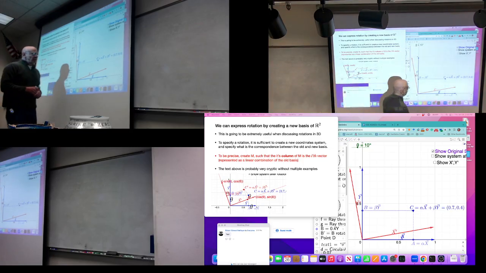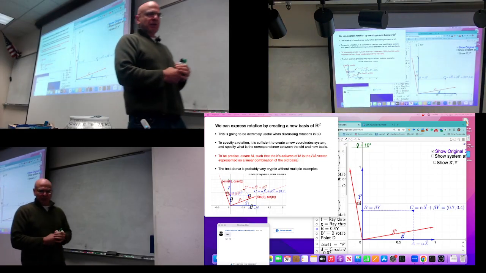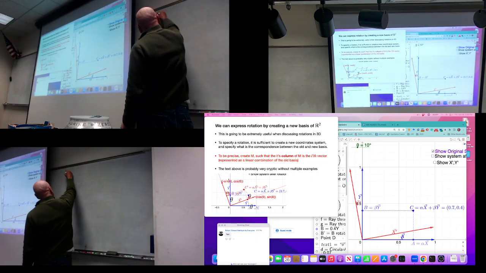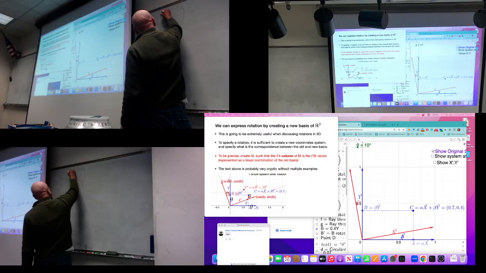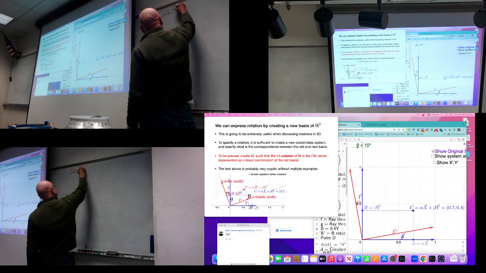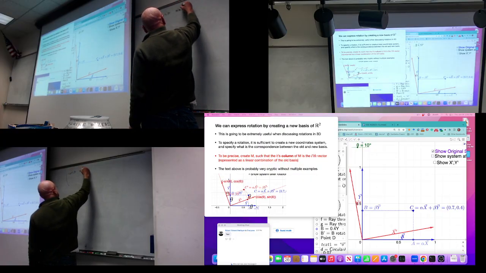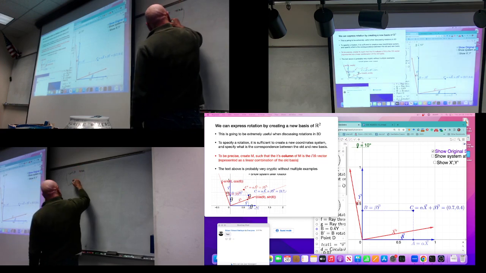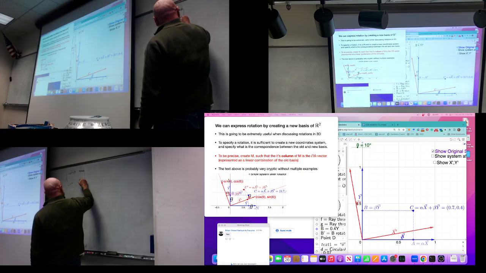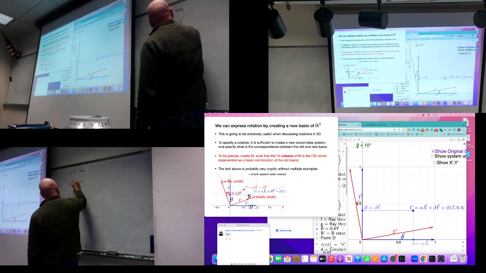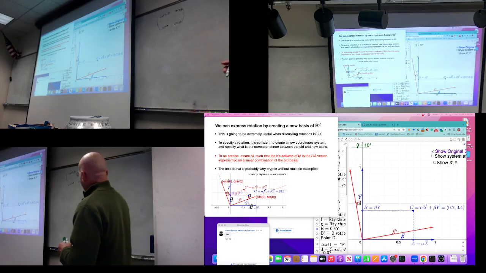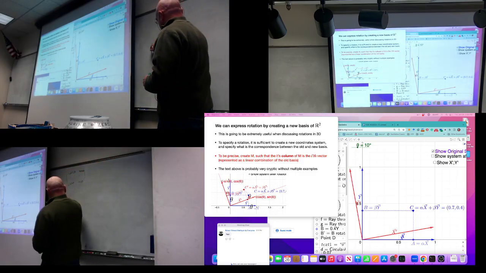OK, one more way to talk about the rotation matrix, which by now we all remember is cosine theta, minus sine theta, sine theta and cosine theta. And how are we thinking about matrix multiplication?